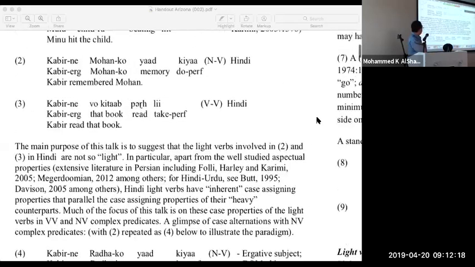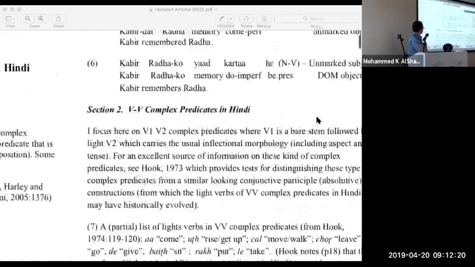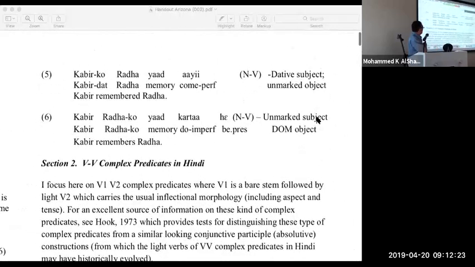In 5, if you look at the meaning of 4 to 6, it's largely the same meaning, but you get 3 case alternations. So in 5, you get a dative subject, with a dative marker, instead of the ergative of 4.